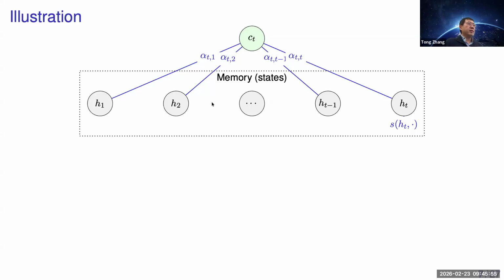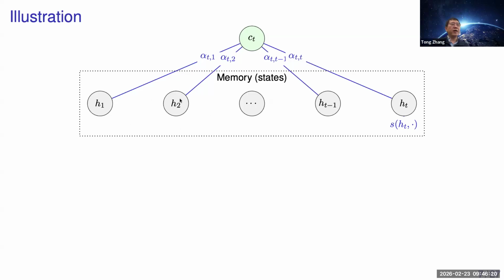usually when this H1 is closer, it has a good compression for the tokens close by. This one has good compression for tokens close by, but not necessarily far away. But once you have this weighted combination, you will be able to access anything early on.